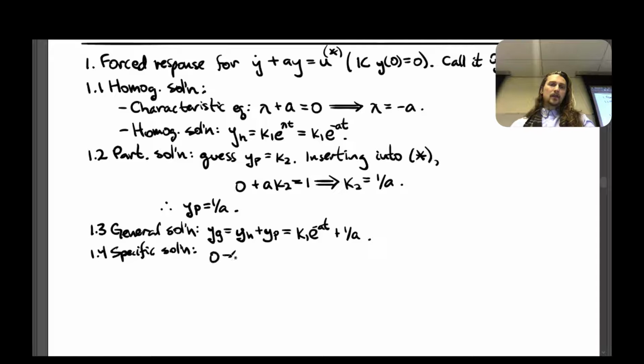So 0 equals this equation evaluated at time equals 0: k1 e to the negative a 0, e to the 0, plus 1 over a, which gives us a solution for k1, which is negative 1 over a.